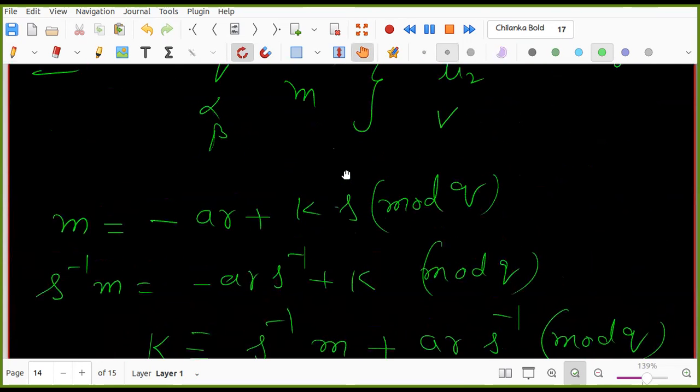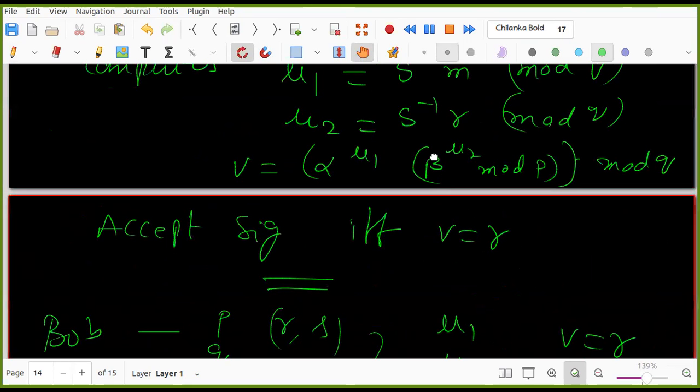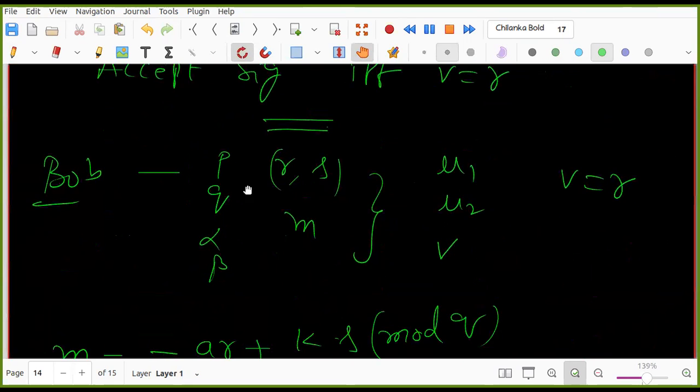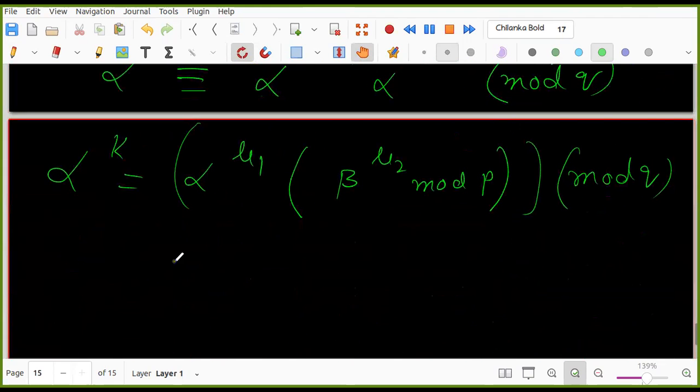Alpha power U1 into beta power U2 mod P, mod Q. So if you compute it, we got R equal to V, verified.